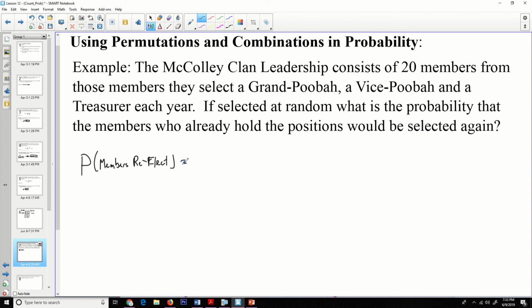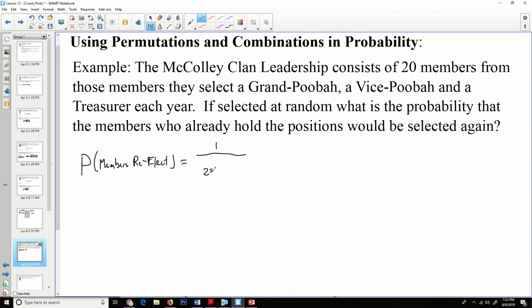All right. Well, if you want the same people in the Grand Poobah, the Vice Poobah, and the Treasurer, there is only one way that you can select them. But because the leadership positions aren't a committee, certainly the Grand Poobah, the Vice Poobah, and the Treasurer have different powers. There are 3 different offices that we are selecting from 20 members.